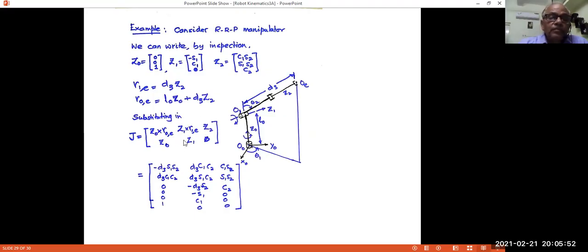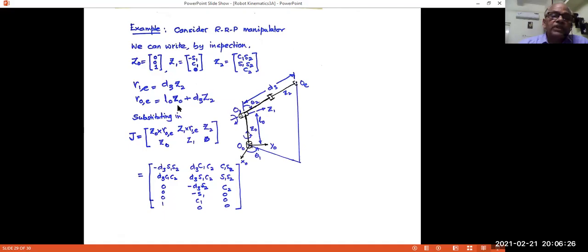All you will need are r0e and r1e. Suppose this is the distance after this joint variable d3 has moved by some distance, d3 along the z2 vector. So d3 z2, and from OE to O0 will be this plus this vector, which is L0, whatever this length is. This is a constant, a physical constant. L0 times Z0 plus D3 times Z2.